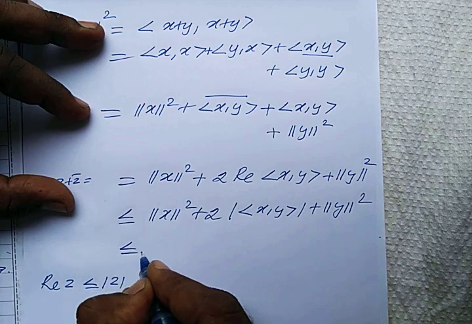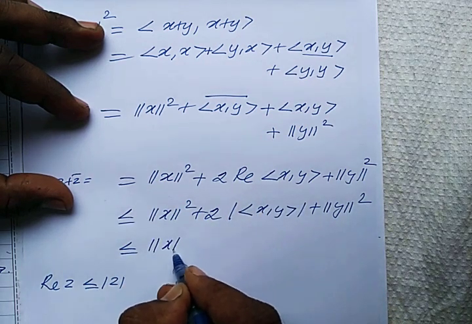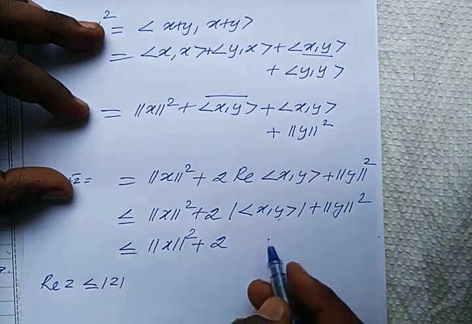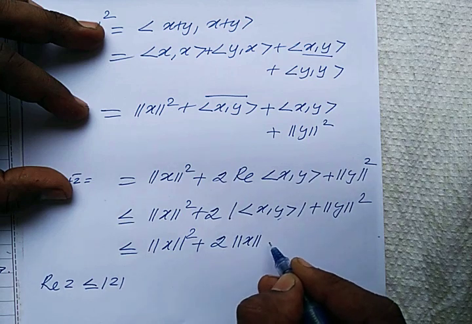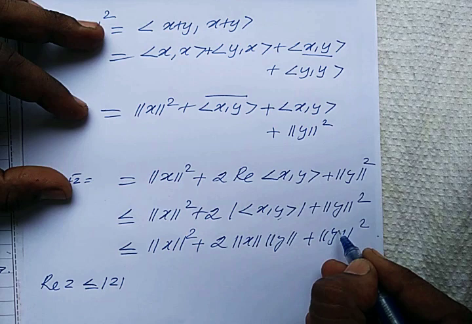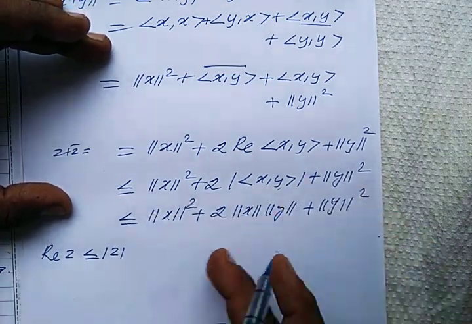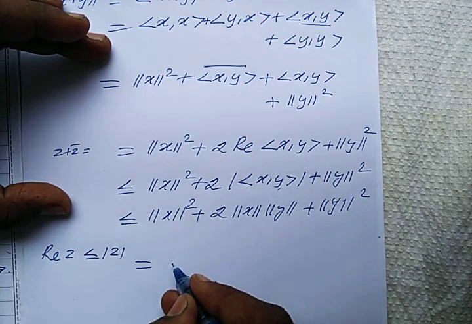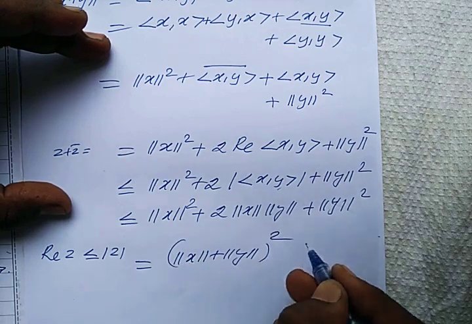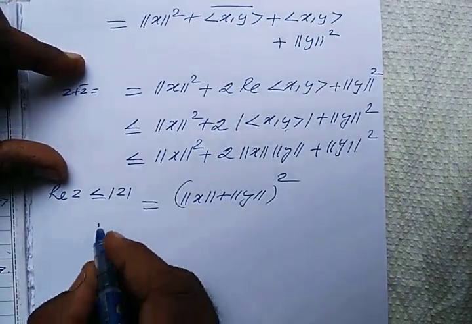From the Cauchy-Schwarz inequality, this is less than or equal to norm x into norm y. The rest of the terms remain as they are. So this can be written as norm x plus norm y the whole square.